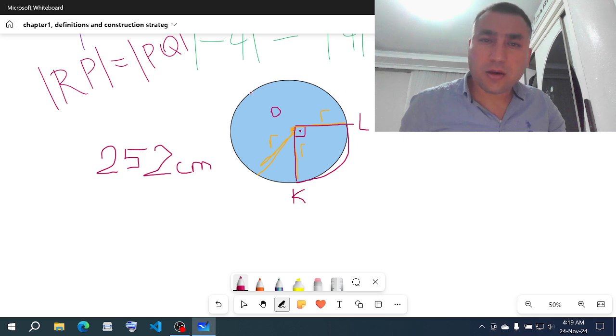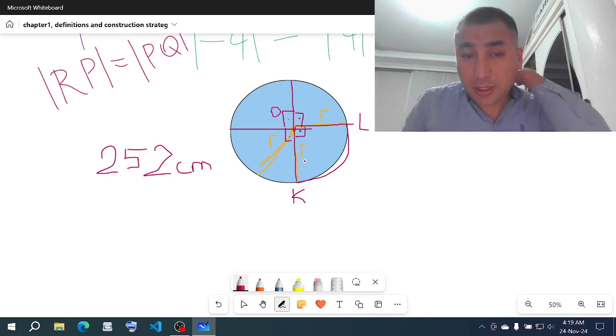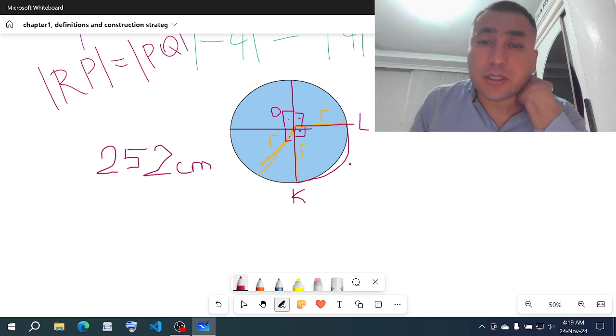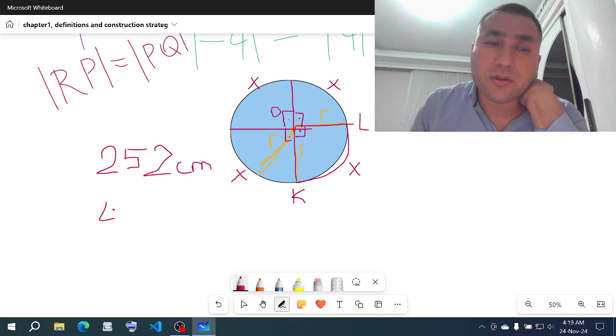If we take the full circle, we get four similar slices. Let's say we are asked to find x, so this is going to be x, and this is also x. So 4x equals 252. We need to divide 252 by 4, and we will get x.